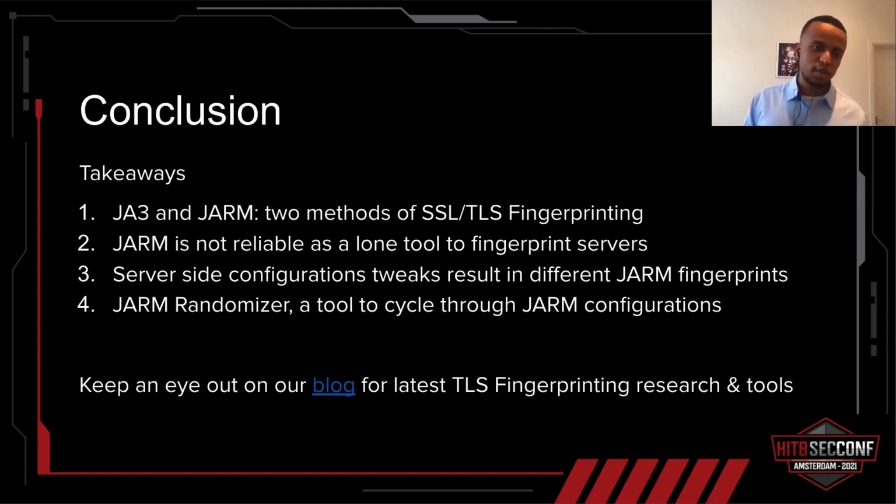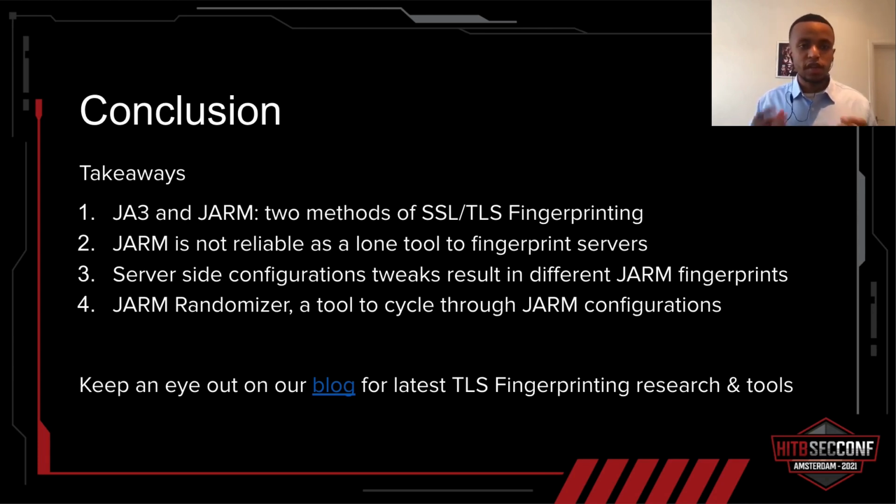So let's talk a little bit about what the takeaways are, and we can conclude this presentation. The takeaways are, first, JA3 and JARM: what are they, how we can use these in our systems, how they work, and a little bit of the background for these. Secondly, we talked about how JARM is really not reliable as a lone tool by itself to fingerprint these servers, right?